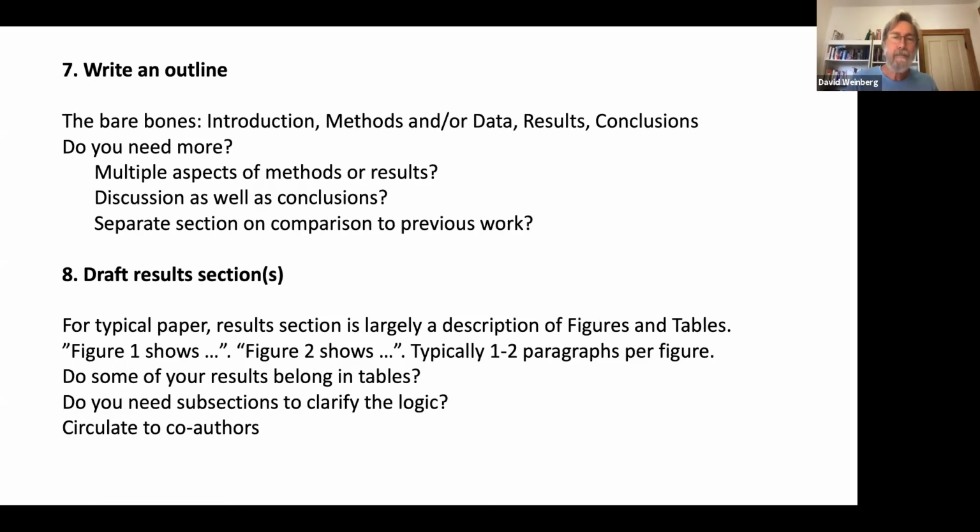So at the end of this, you want at least an outline that has the major sections and the subsections of those major sections. I used to be an extremely detailed outliner, and I would diagram things down to at least the paragraph level.